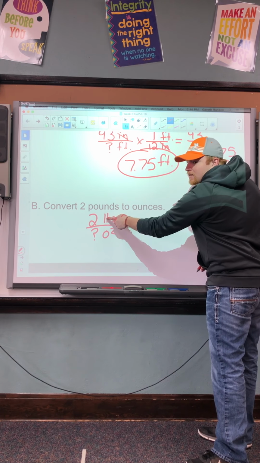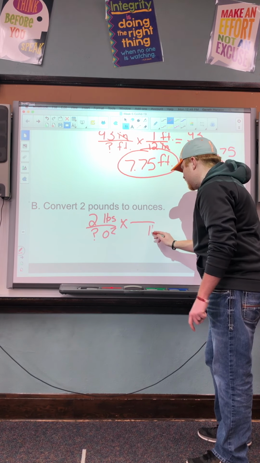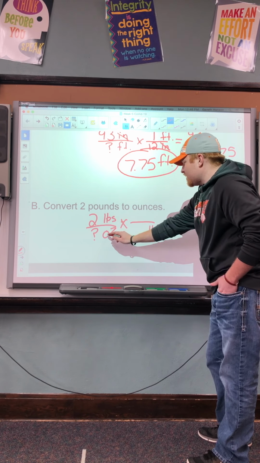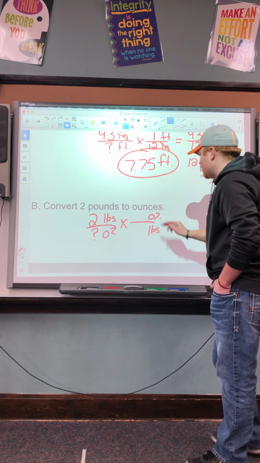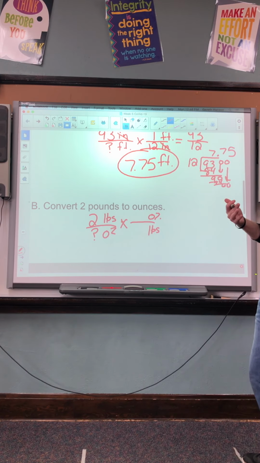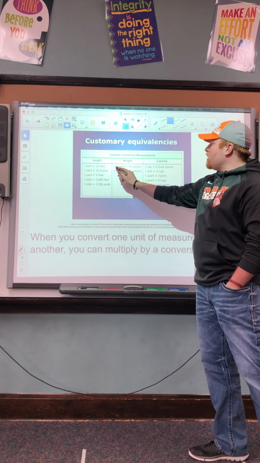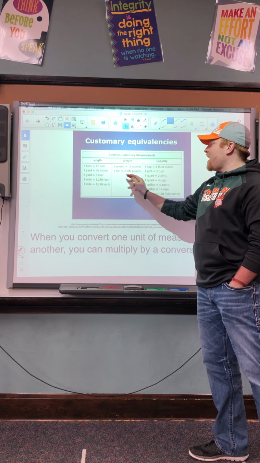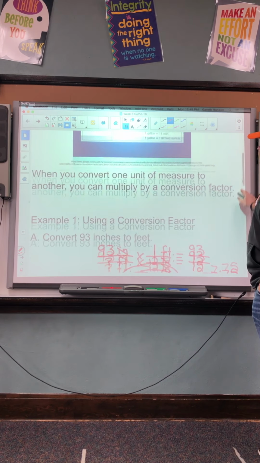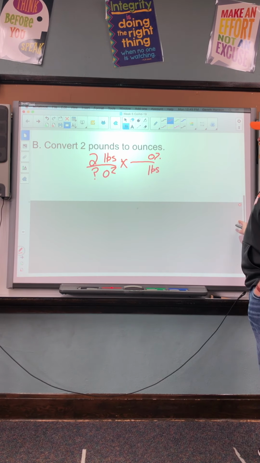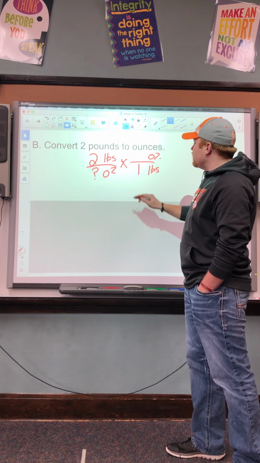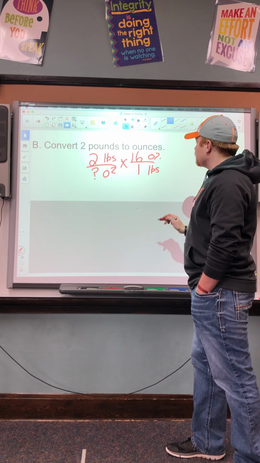So the pounds are up on top here, pounds on bottom here. Ounces on bottom, ounces on top. Now you have to figure out what's bigger, a pound or an ounce. Well, let's go up to our table here. 1 pound equals 16 ounces. So then down here in our conversion factor, 1 pound, 16 ounces.